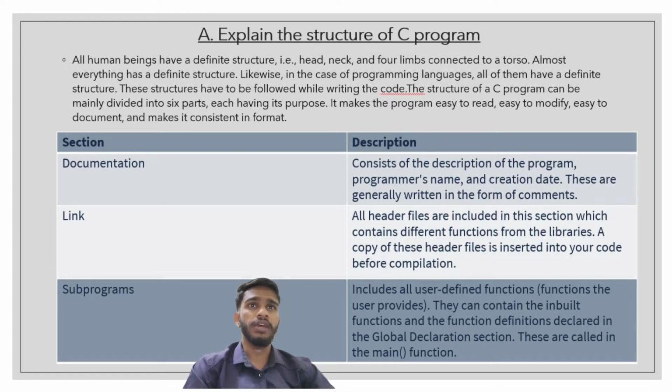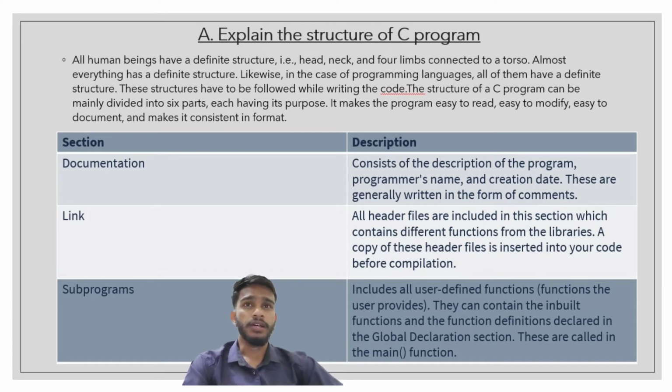Those structures have to be followed while writing the code. The structure of a program can be mainly divided into 6 parts, each having its purpose. It makes the program easy to read, easy to modify, easy to document and consistent in format.